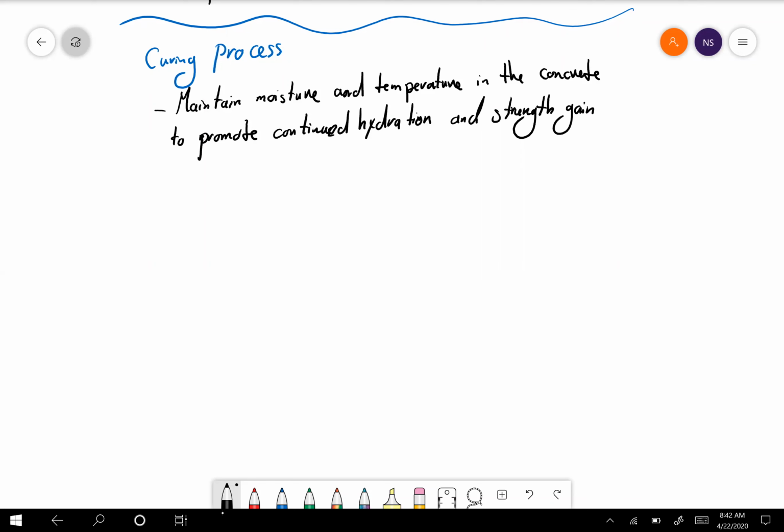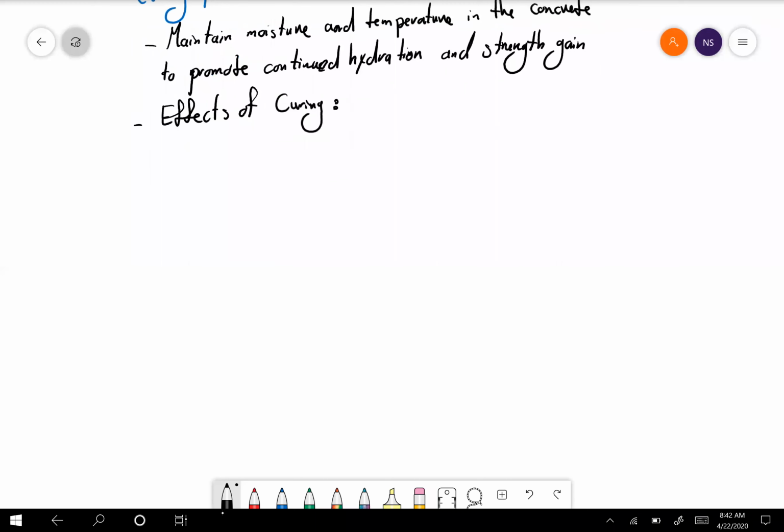So the effects of curing is that if you do the curing correctly, you can make sure that you have enough durability.